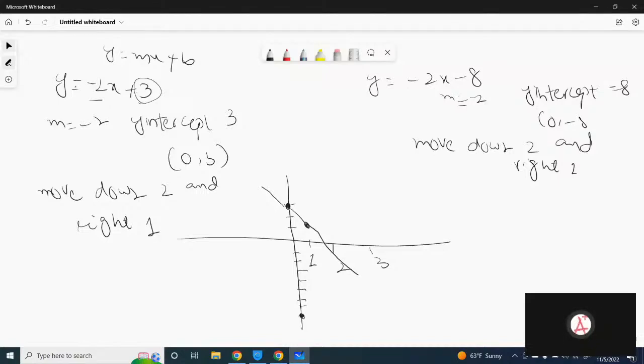Okay, so you have to move down 2 and right 1. So the line is, just plot these two, connect these 2 points. Okay, these are the two lines. So both the lines are parallel. That means the system is inconsistent with no solution. Got it?